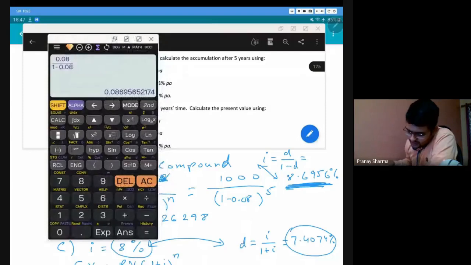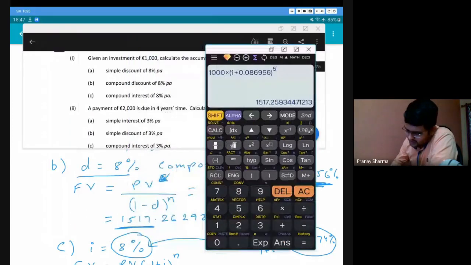This is our rate of interest here. If I take 1000 rupees and multiply by 1 plus 0.086956, bracket close, raised to 5, if I do the same calculation, you will get the same answer.